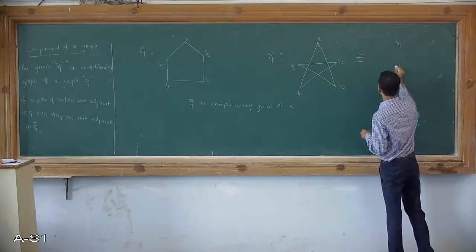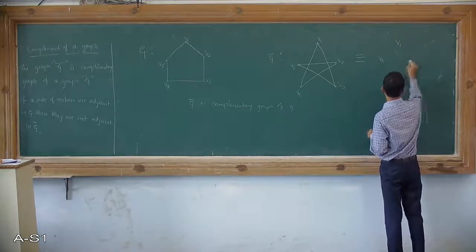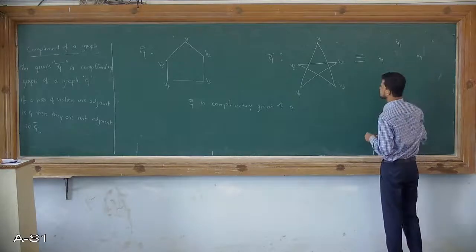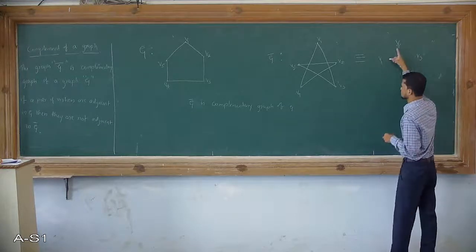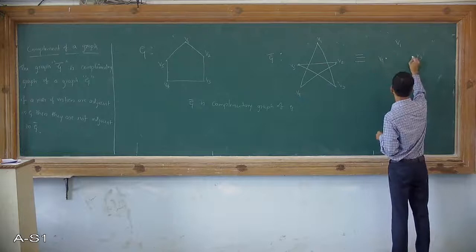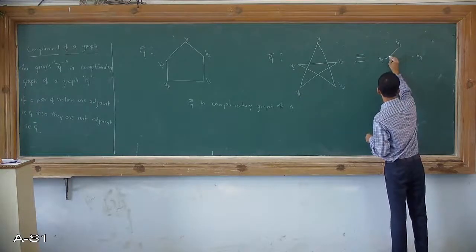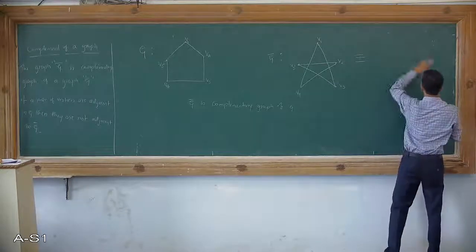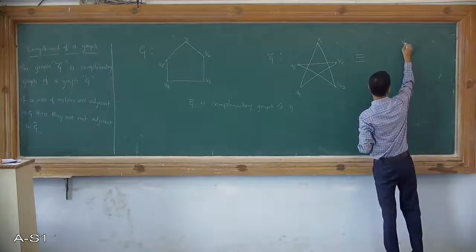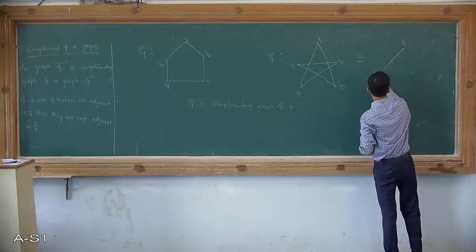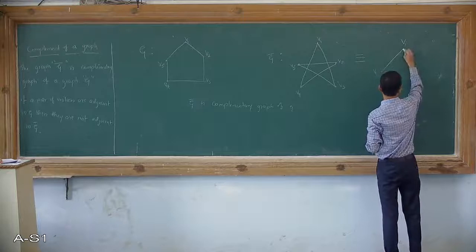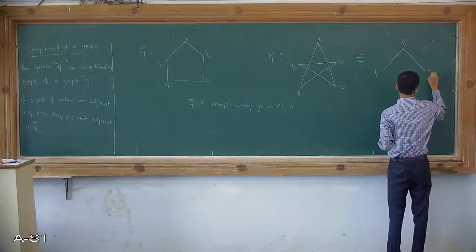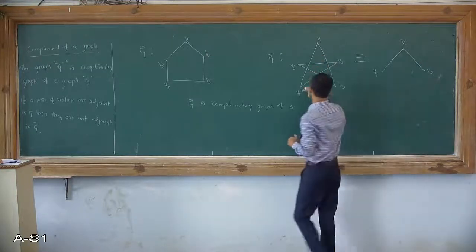V1, V4, V3, because V1 and V4 are connected and V3 is connected. So V1 here, I'll take it as V4, I'll take it as V3. So now V1 and V4, V3 are connected.